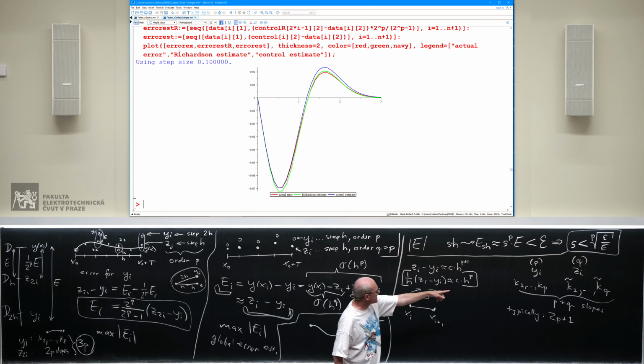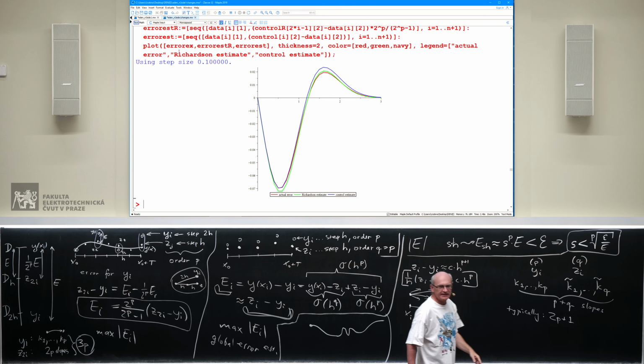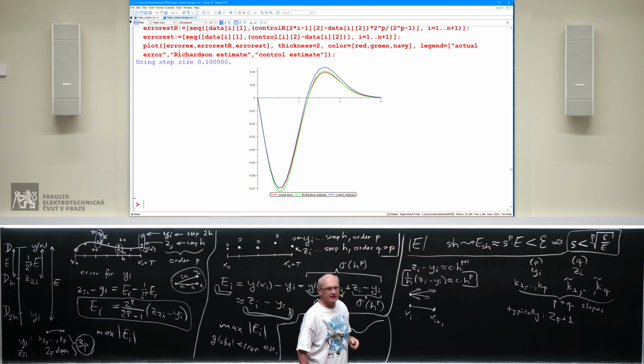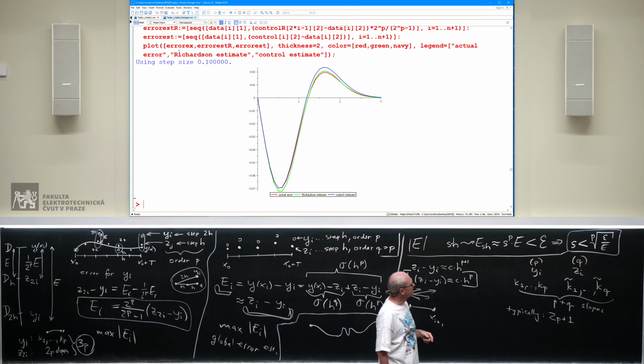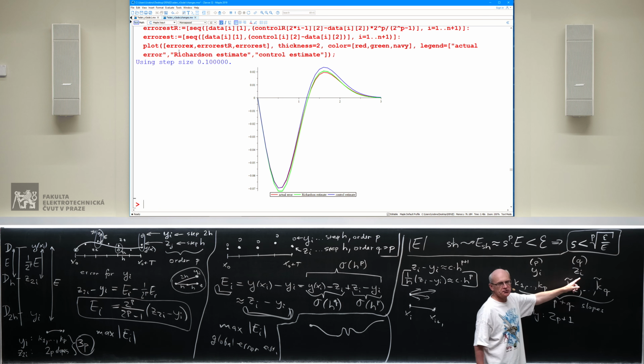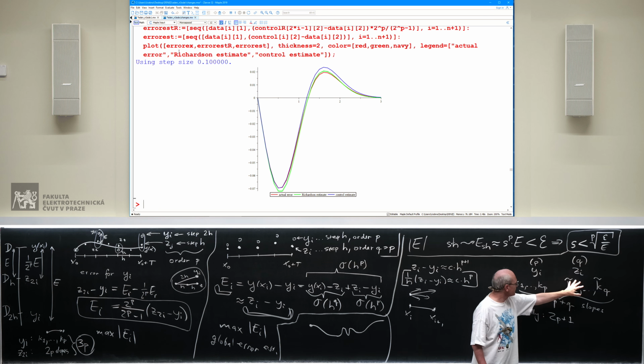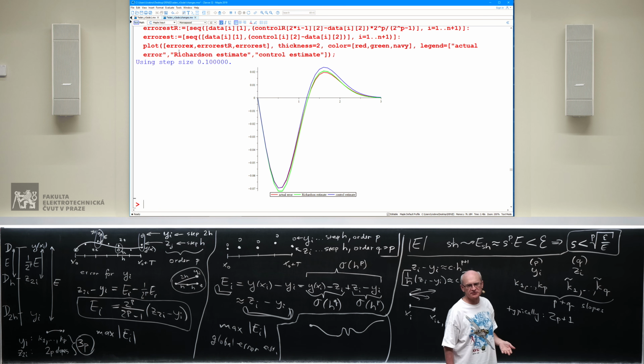So the slopes k and the slopes k tilde are taken from the same range somewhere. And here is a key question. Could we somehow arrange that this control method actually uses the slopes of the real method, the one that we want to keep? That would be wonderful, because if these slopes are actually recycled, then we don't need 2P plus 1, we need just P plus 1 slopes. And that would be wonderful.